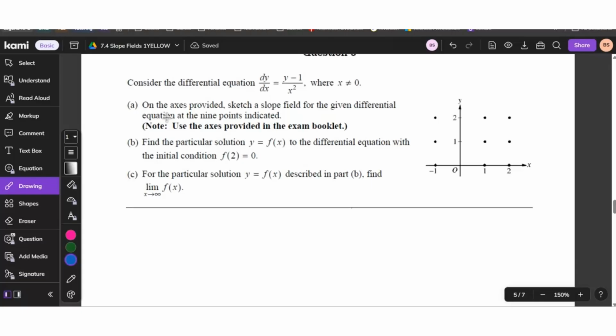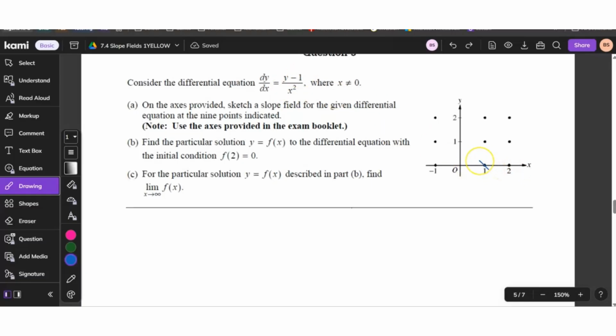Let's start here. So when we are at y equals 0 and x is 1, we get negative 1 over 1. That's negative 1. Oh, hang on. I did that wrong. No, I did it right.